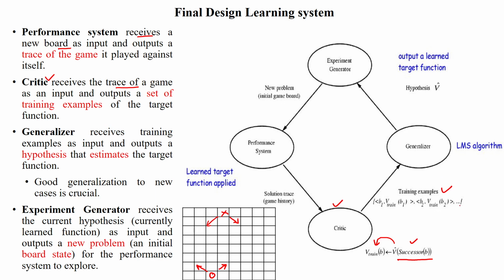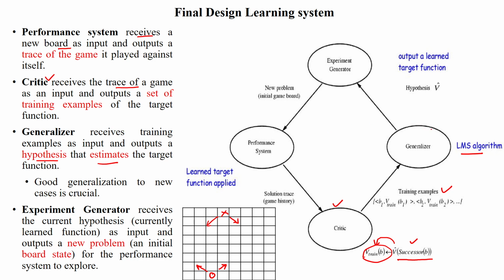So here, if there is any mistakes, any error between the actual target function and predicted target function here, then we will apply the LMS algorithm to reduce the difference between actual output and predicted output.